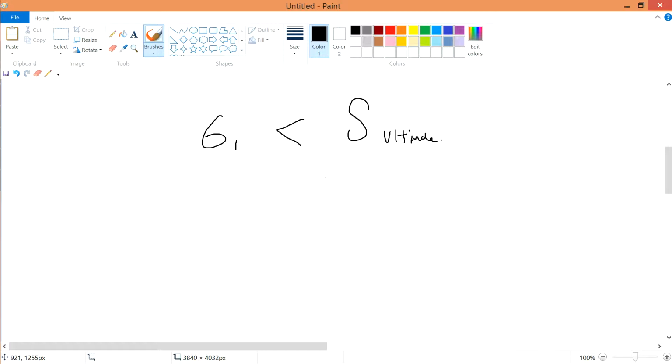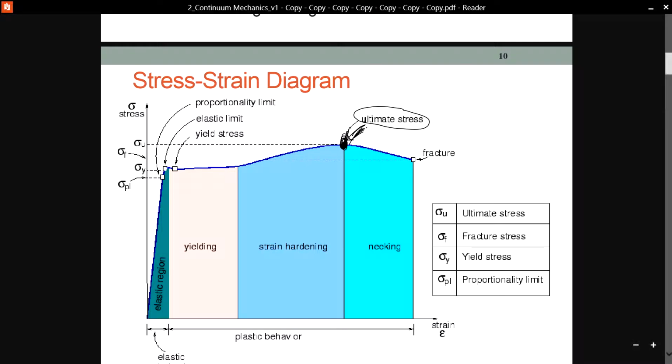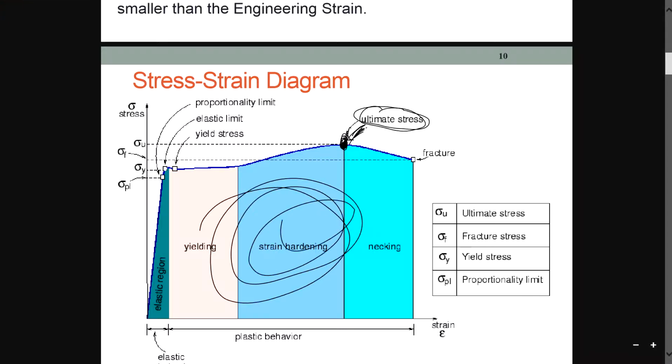This is in fact the material property which I've shown you earlier in the previous slide. This stress-strain curve simply describes the material. Different materials have different stress-strain curves, that's all.